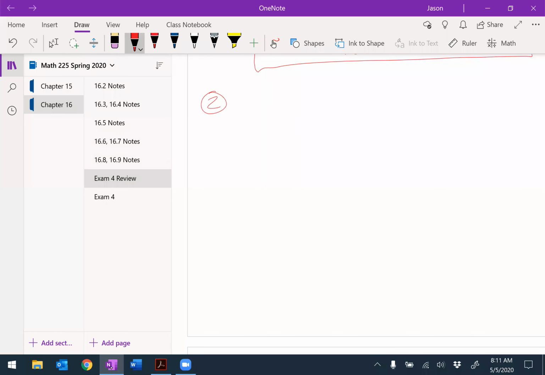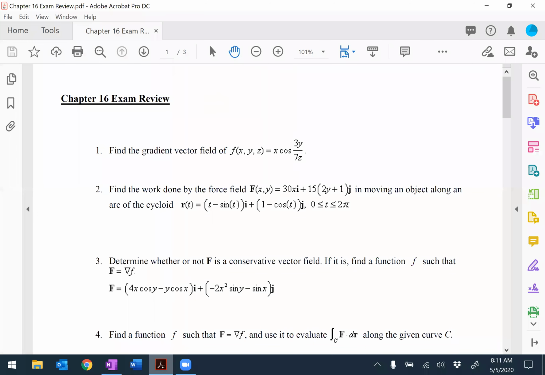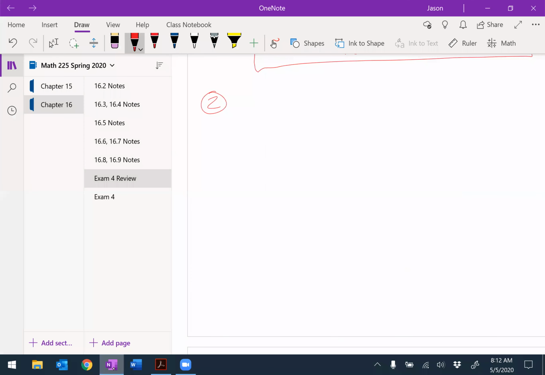Okay, number 2. Let's see what number 2 is here. It says find the work done by the force field 30x i plus 15 times 2y plus 1 j. So let me write that down. I think that was a j, right?